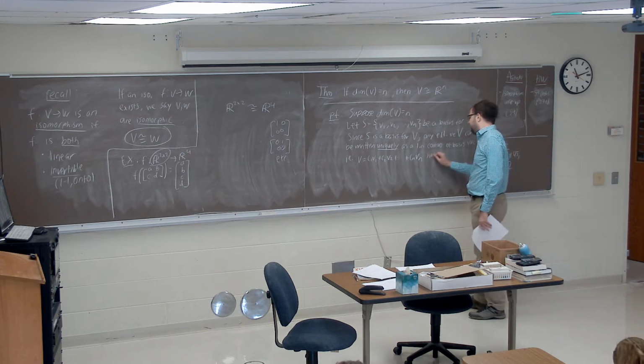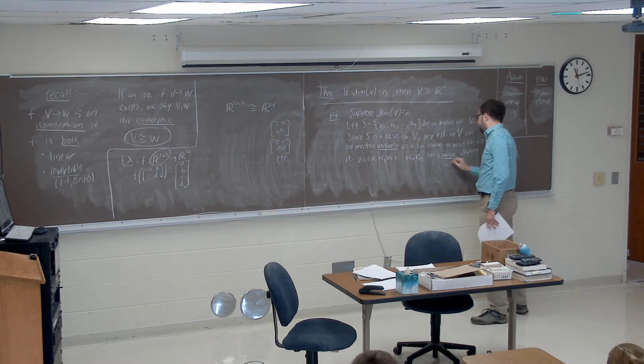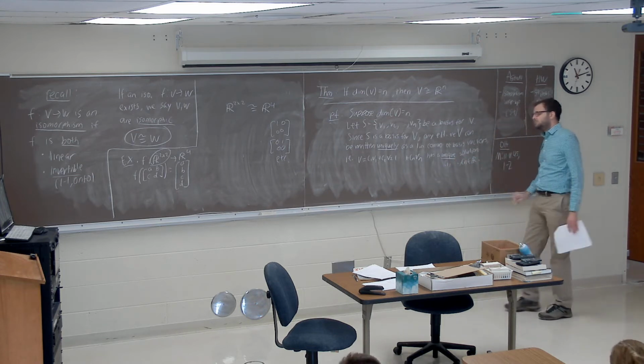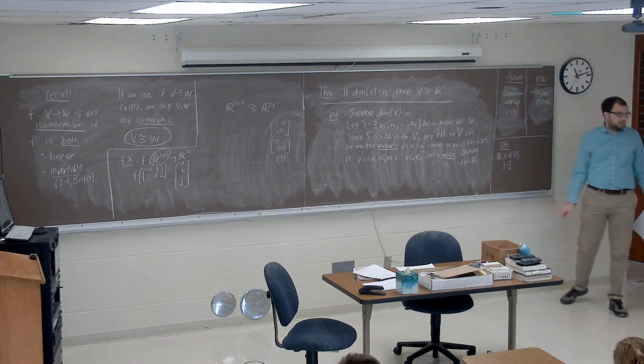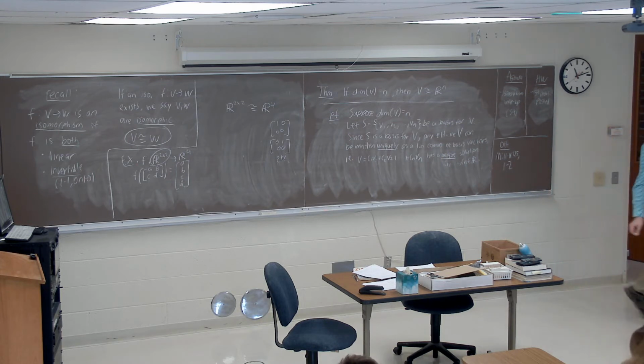So this is going to have a unique solution, C1 through Cn in the real numbers. And because that's an abstract thing to think about, I thought we could go back for a second and look at a quick example of what this theorem is telling us.